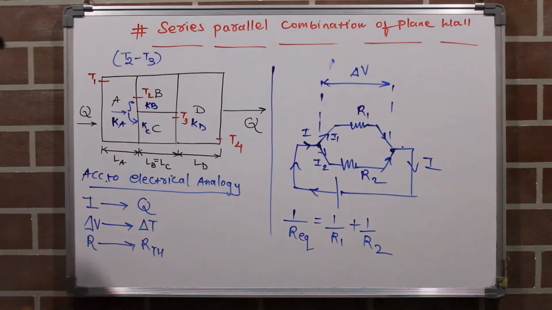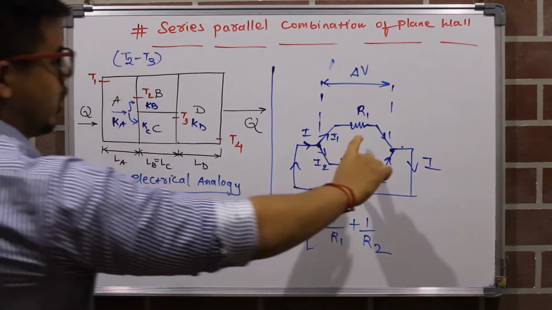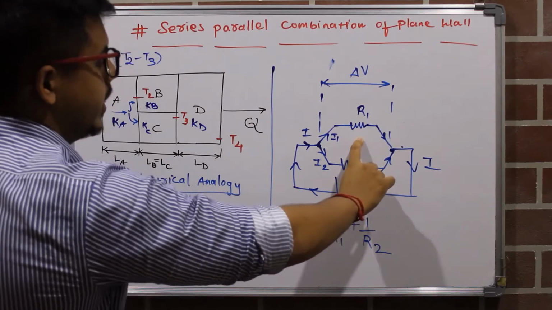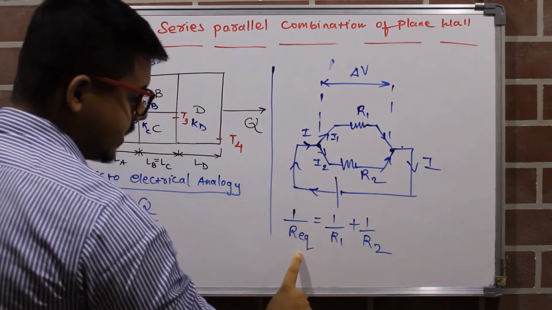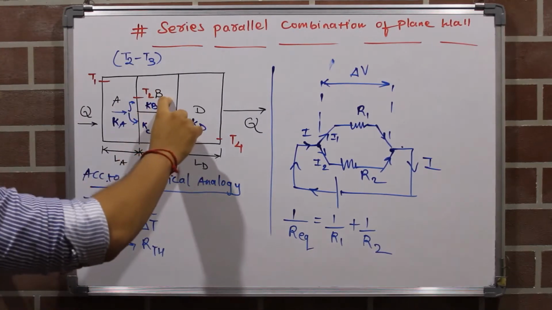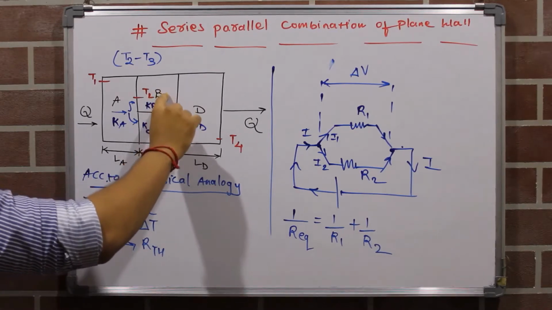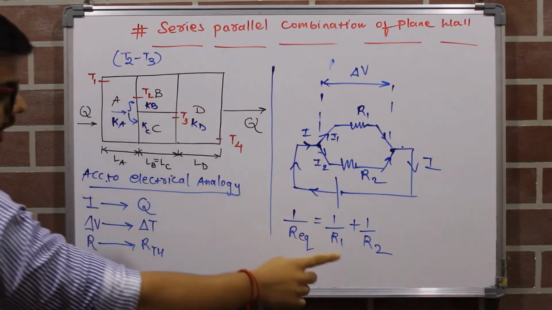Now, as we found the equivalent resistance when resistors are connected in parallel, similarly when the walls are connected in parallel, we have to find the equivalent thermal resistance for these walls using the same formula.